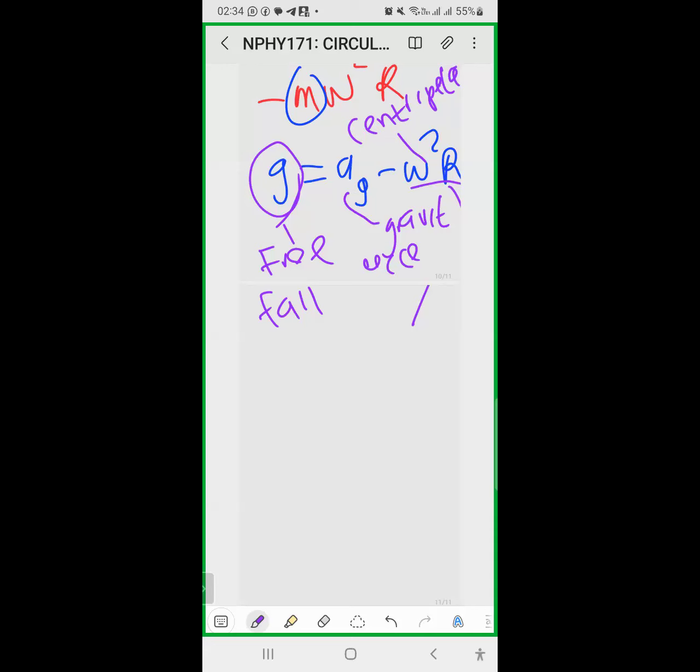So this is the basic theory that you have to understand in circular motion and gravity. It will help you solve some questions that you come across.